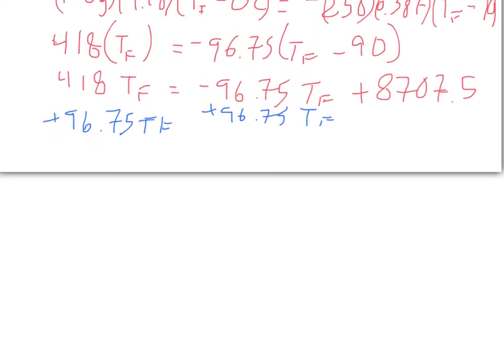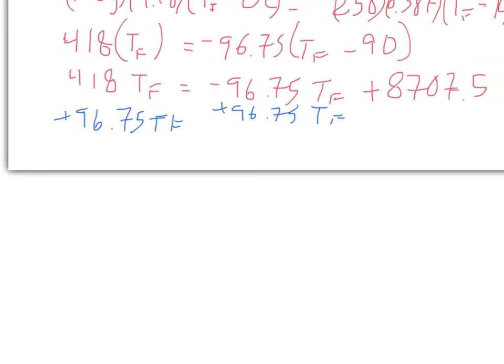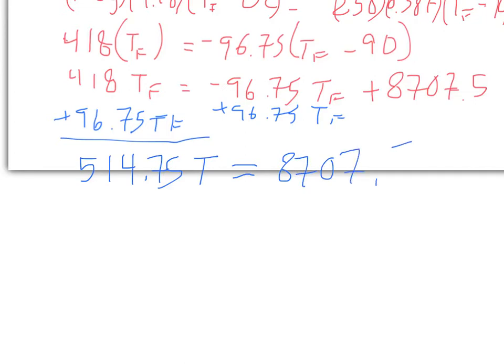I'm going to move up just a little bit. So, see here, this right here becomes 514.75 TF, I'm just going to write T, is equal to 8707.5.